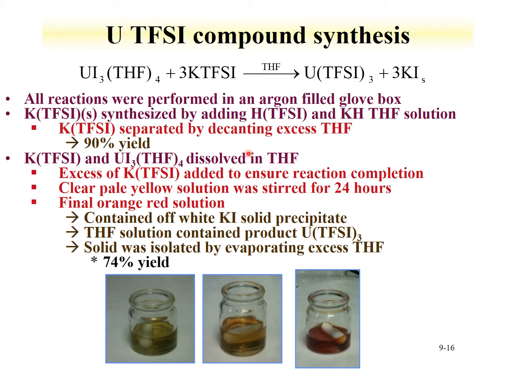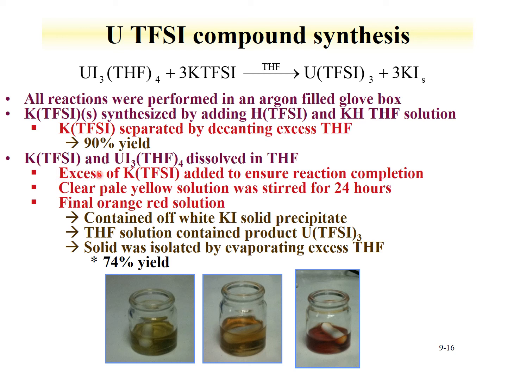The synthesis is fairly straightforward. It's shown here where we have the uranium triiodide in tetrahydrofuran, and some potassium TFSI ligand is added together under THF, where we get a potassium iodide product and the uranium TFSI compound.